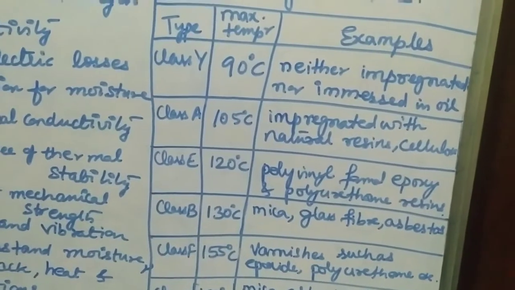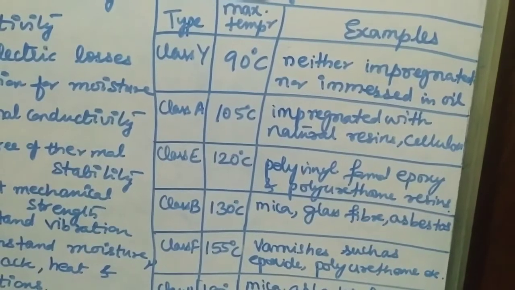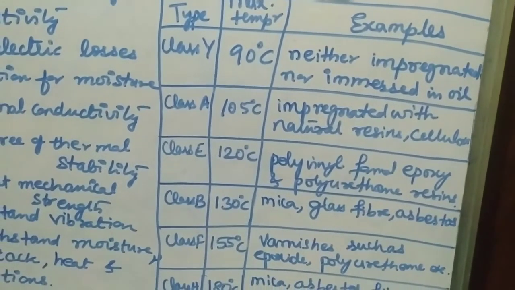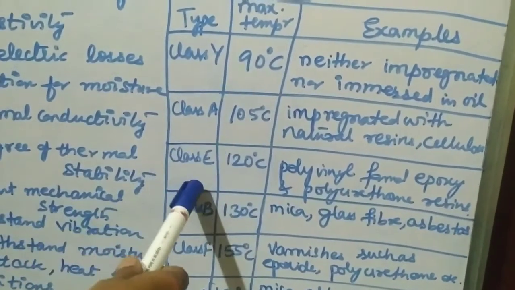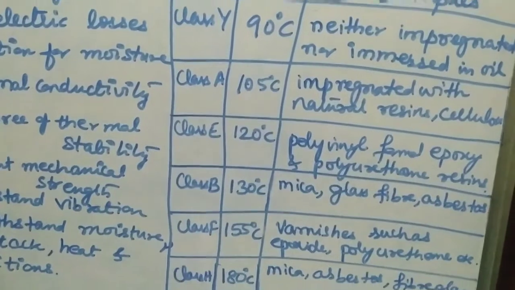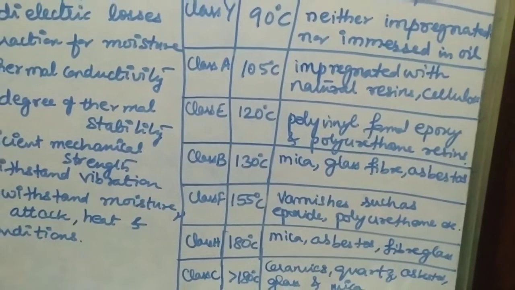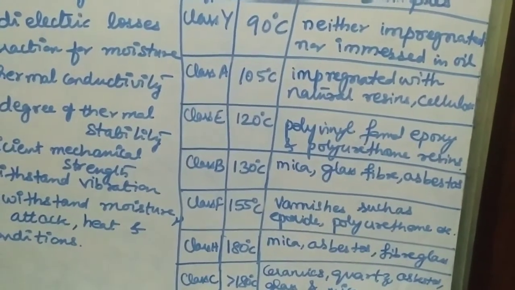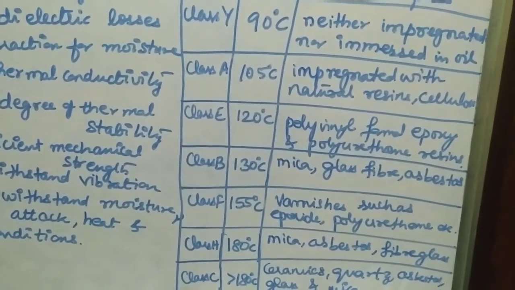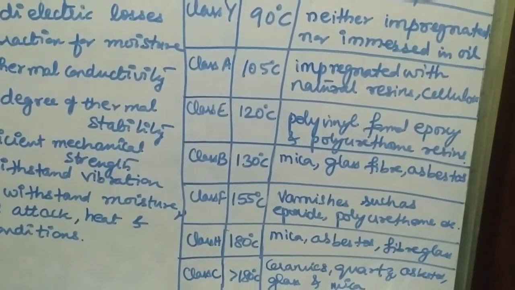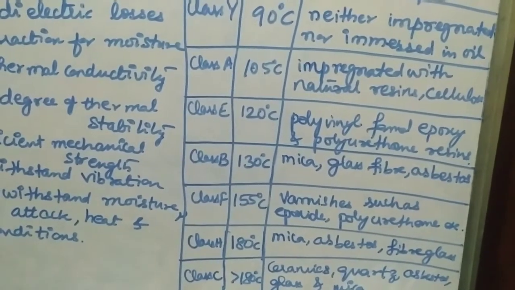To write down the classifications, you can see the table here. We need to follow the keyword which I discussed in the class: Y, A, E, B, F, H and C. The keyword is: why all electrical boys fight with higher semester students in classroom.